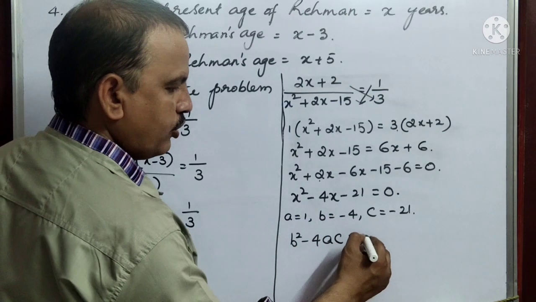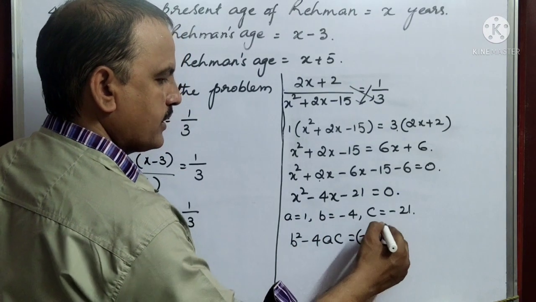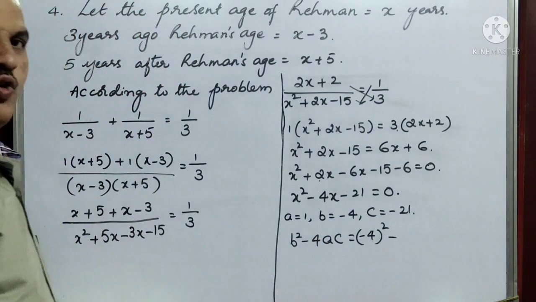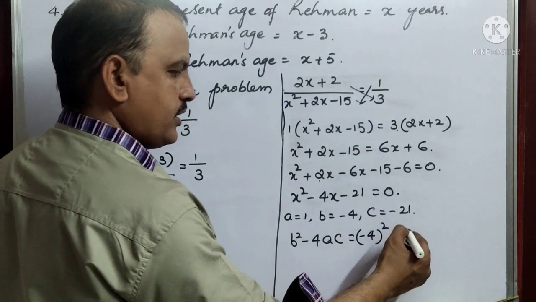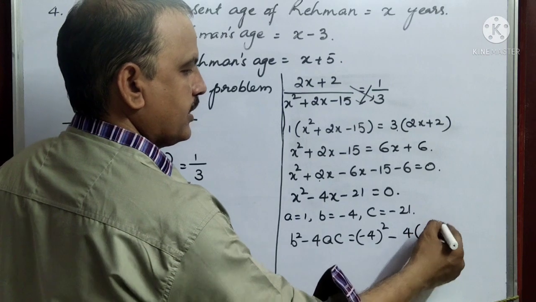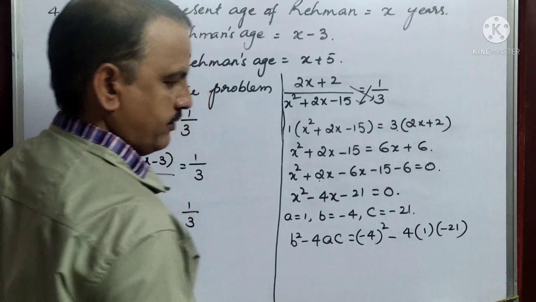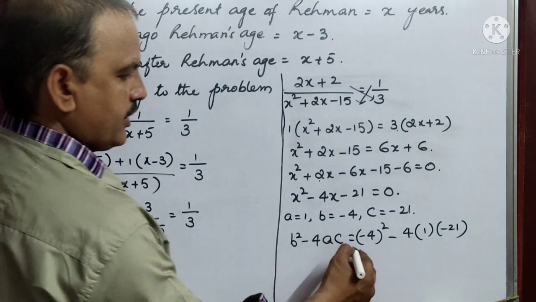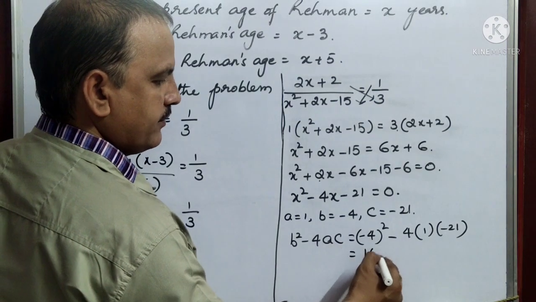So what is the b value? Minus 4 whole square minus 4ac. That means 4 into a, how much? 1. C is minus 21. Okay, that is 4 4s are 16.